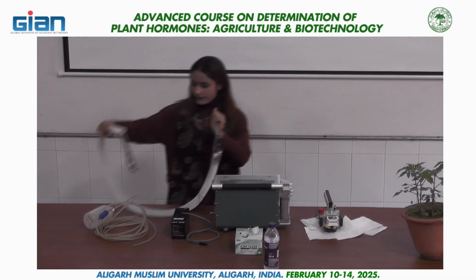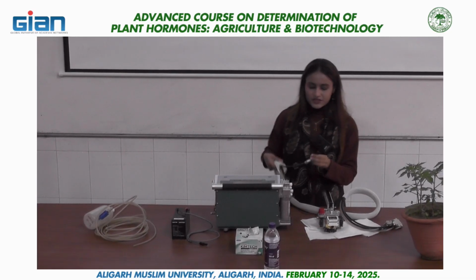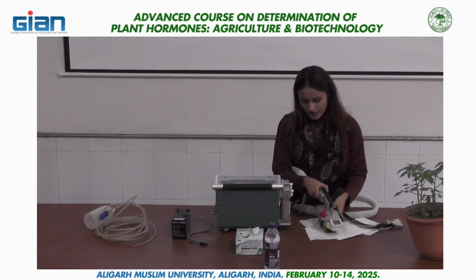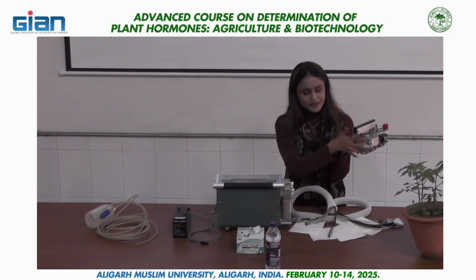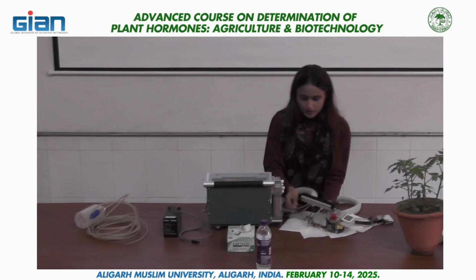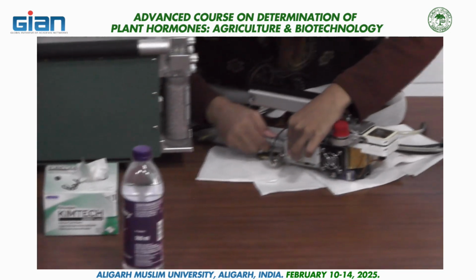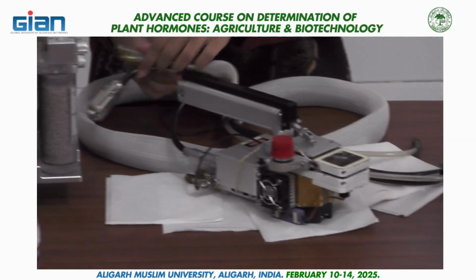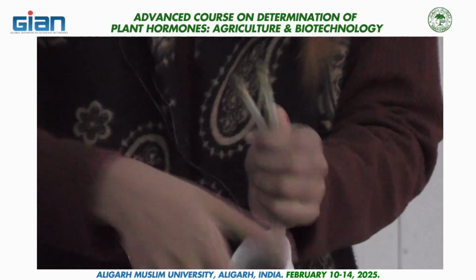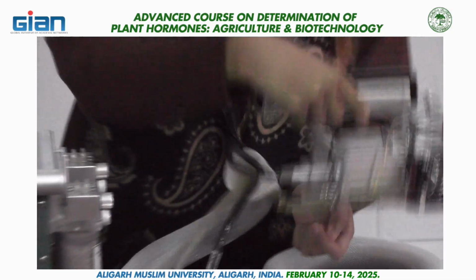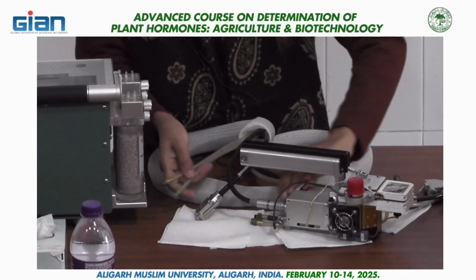First of all, we are going to assemble this leaf chamber. This one is going to be assembled here in this port particularly. Secondly, we are going to assemble these tubes in the inlet and outlet ports. Basically, this helps in regular airflow.